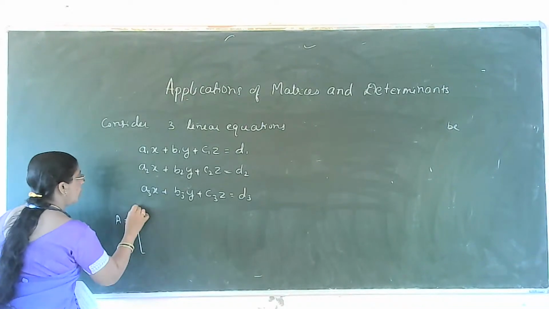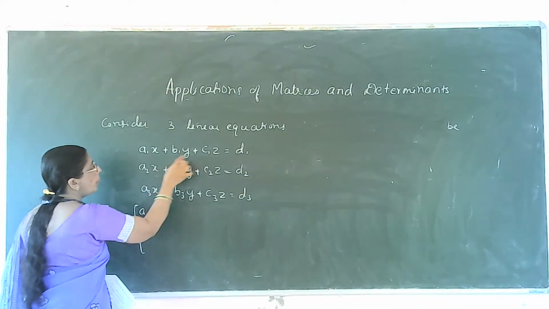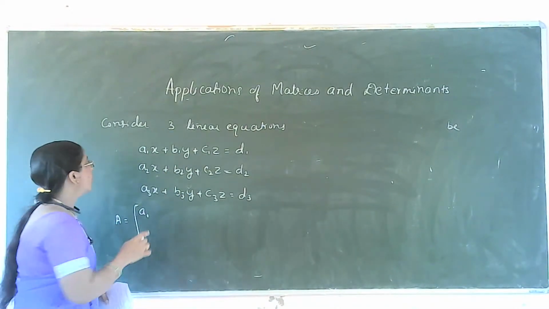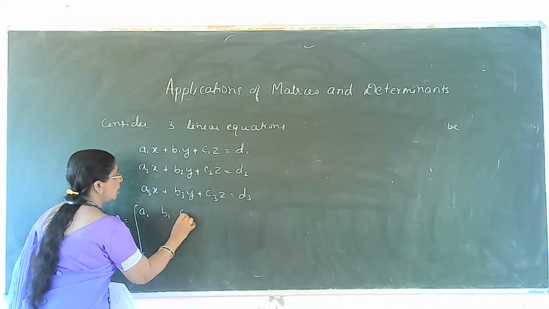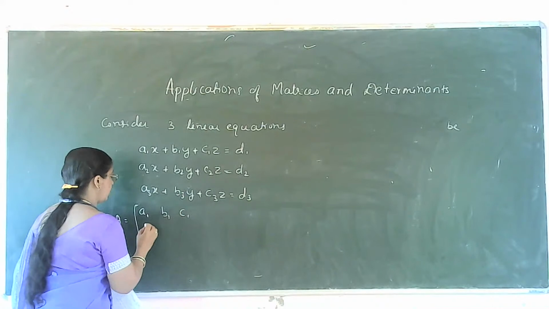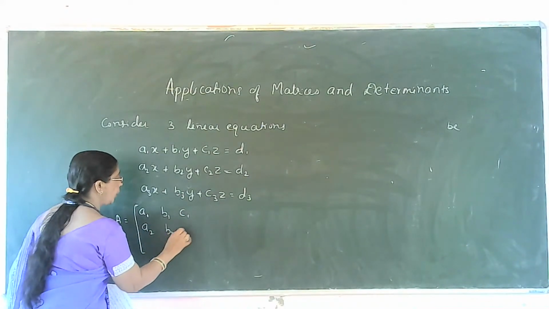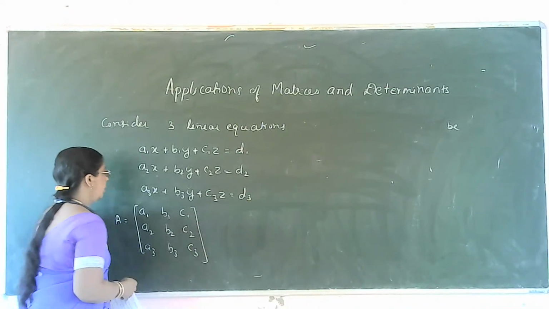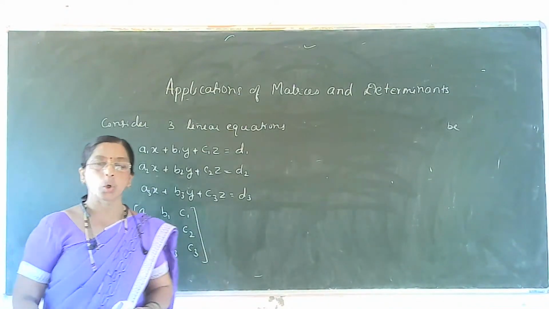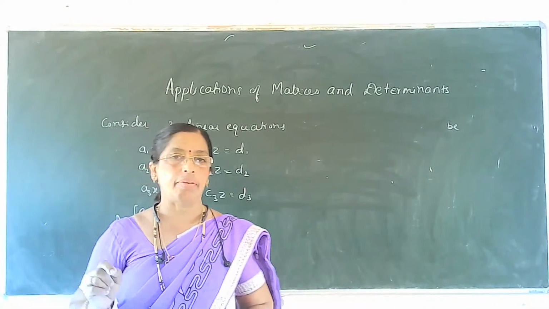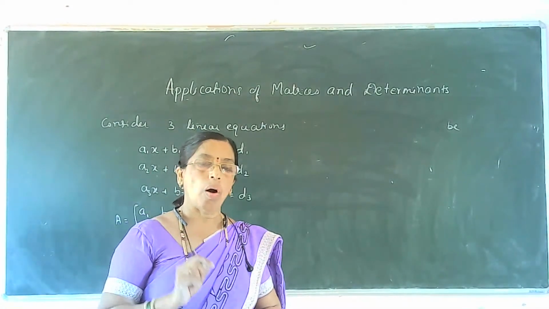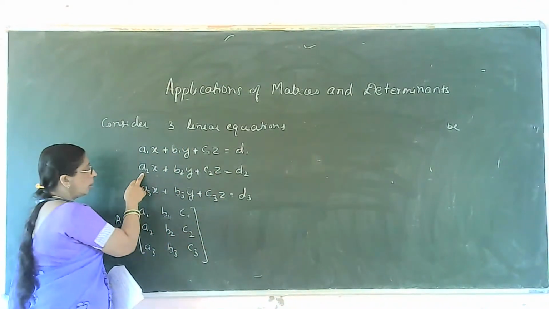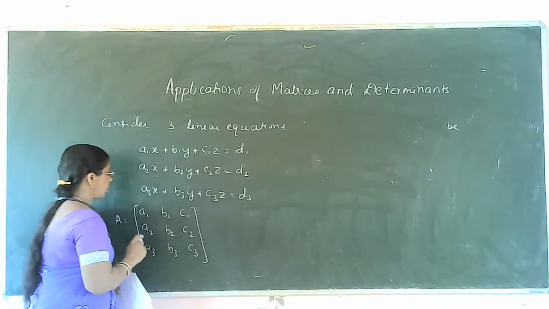A is the matrix with rows a1, b1, c1, then a2, b2, c2, and a3, b3, c3. These are the coefficients of x, y, z in the first, second and third equations respectively.